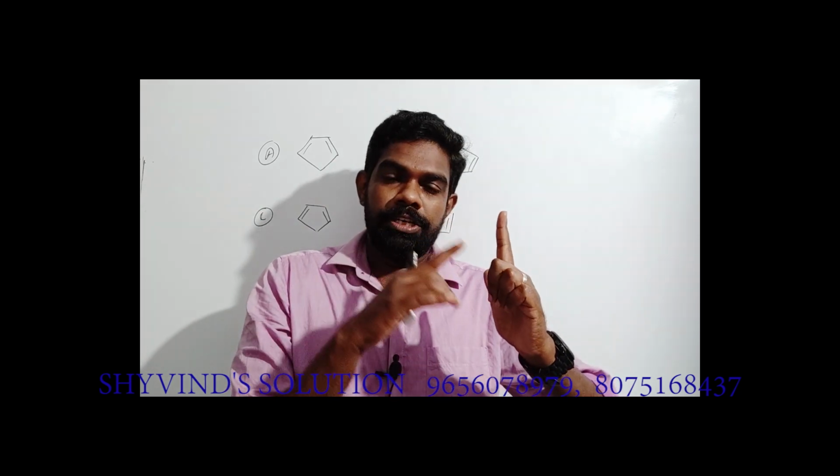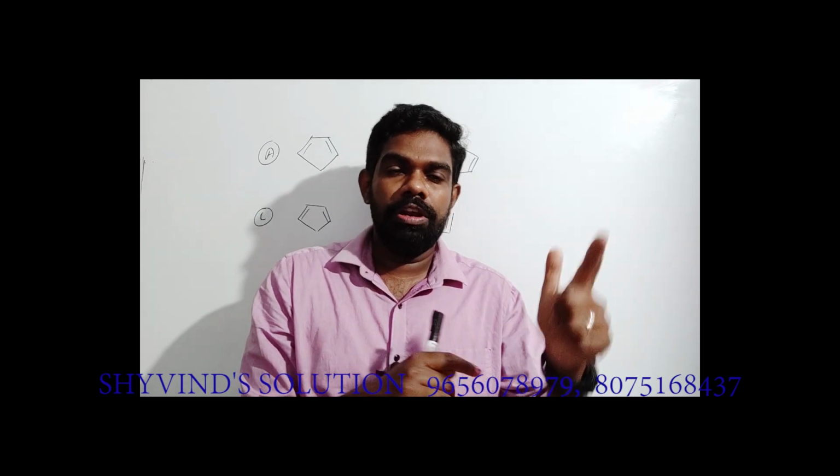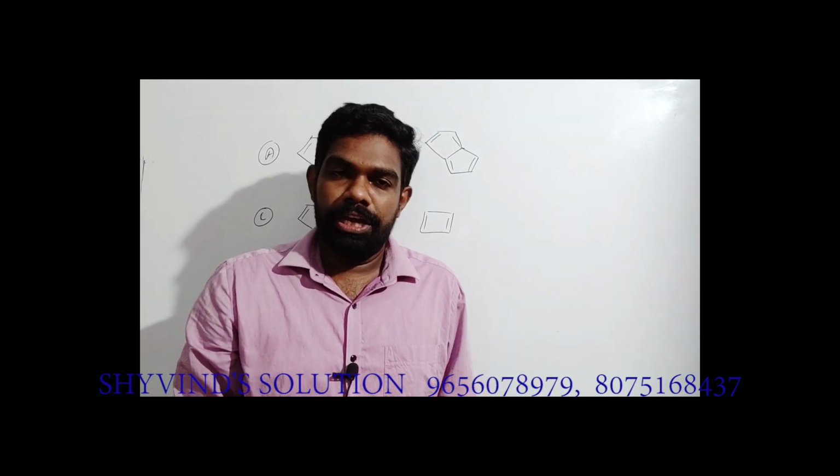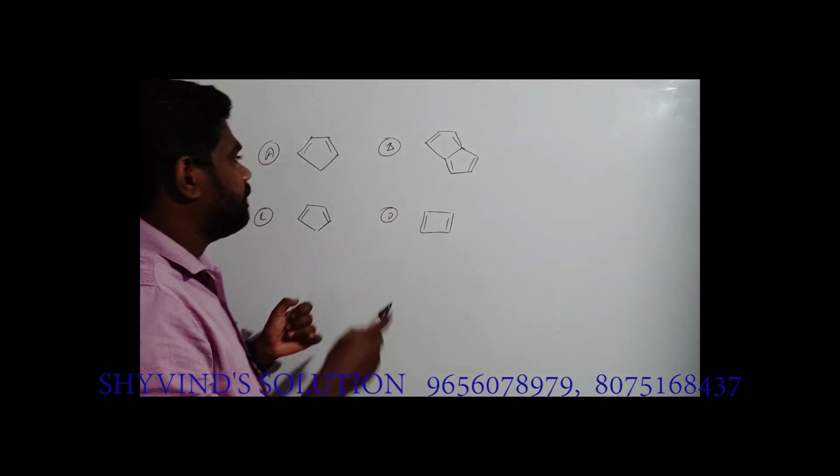The conditions are, it should be cyclic, it should be conjugated, it should have 4n plus 2 electrons for aromatic and 4n electrons for anti-aromatic system. Okay, so you can see it here.